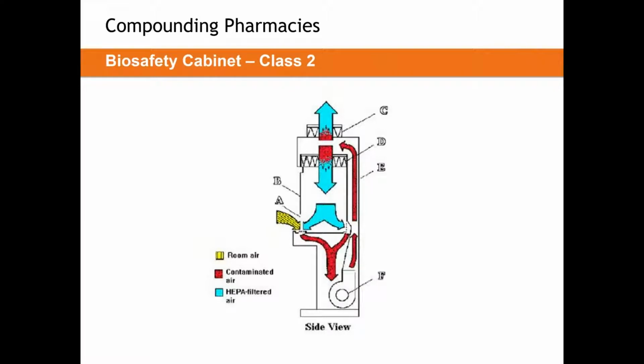Now, amongst those 3 classes, we've picked class 2. Inside of class 2, there are 4 different distinctions of biological safety cabinet: Type A1, A2, B1, and B2. And again, I'm not going to dig in today what each of those means, but essentially it's a different amount of filtration and a different amount of recirculation and exhaust proportions amongst those devices. So this is the device that you see right here that we're most commonly dealing with.